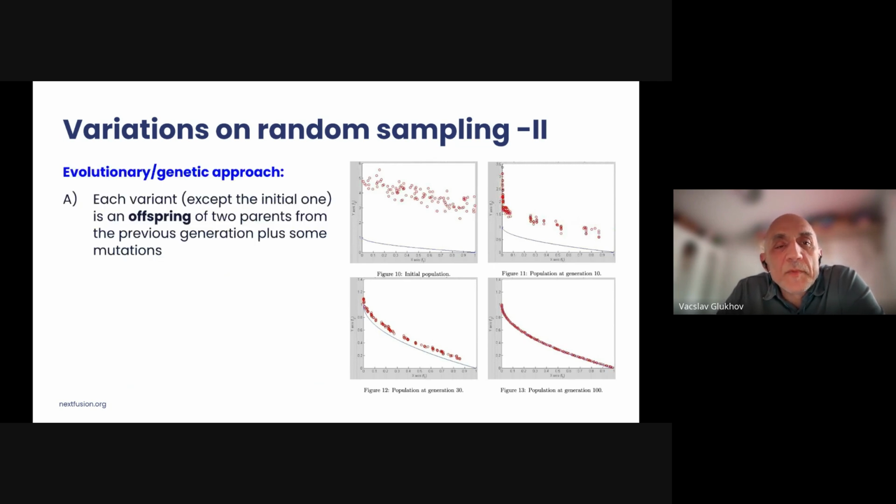There's a slight improvement in that. It's called the evolutionary or genetic approach, where we use random sampling, but not simply random sampling. We benefit from what we know from nature, and what we know from nature is that sexual reproduction is very efficient in eliminating designs or variants that are not fit for a particular purpose, and is very efficient in producing the designs that are fit for a particular purpose.